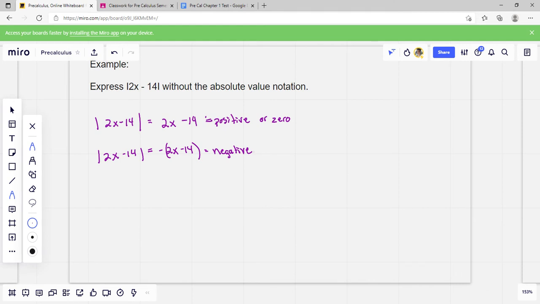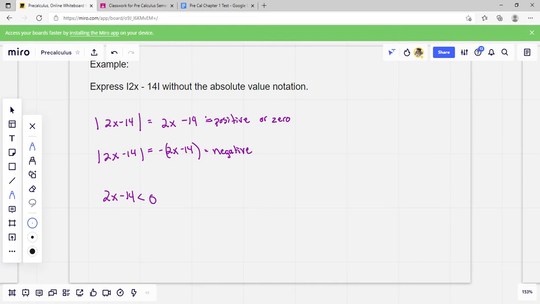So we need to find out what values of x make the expression 2x minus 14 negative. So we're going to say 2x minus 14 is less than 0.